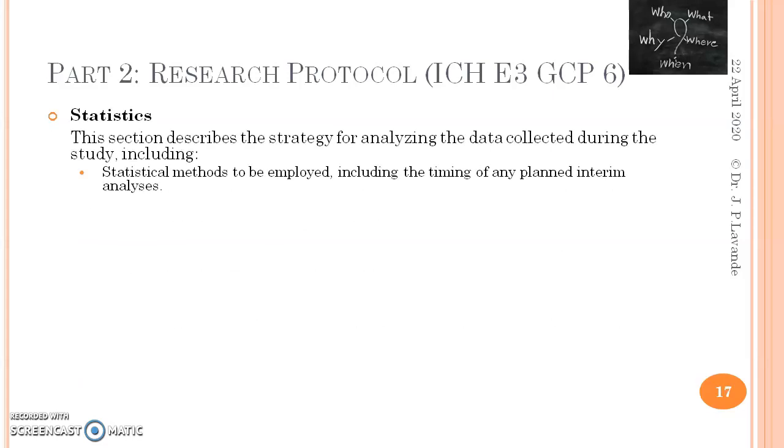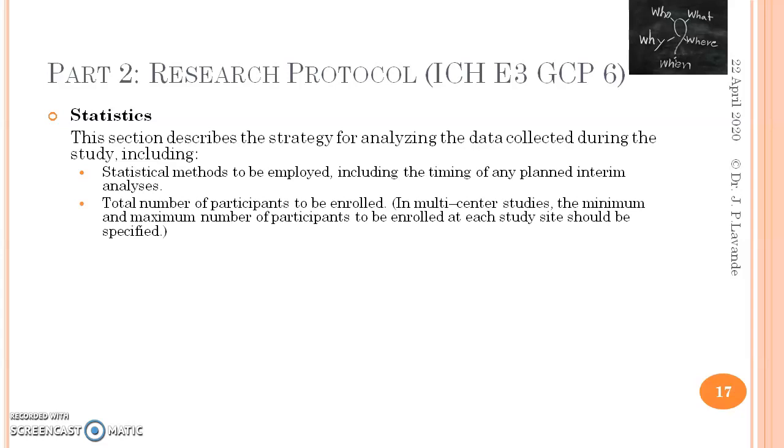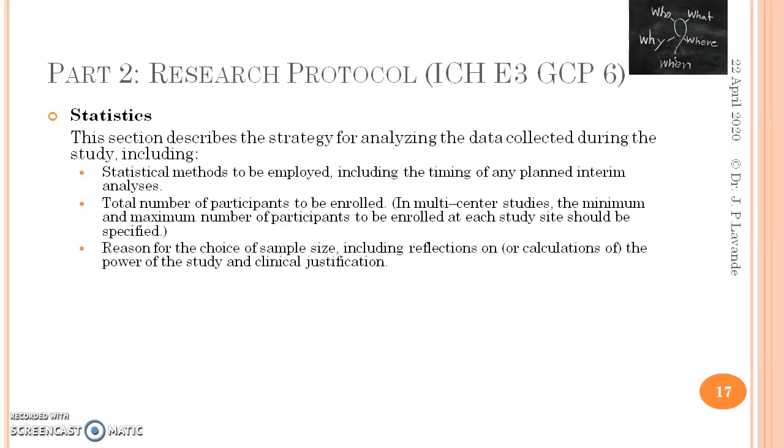The statistics. This section describes the strategy for analyzing the data collected during the study, including statistical methods to be employed, including the timing of any planned interim analysis, total number of participants to be enrolled. In multi-center studies, the minimum and maximum number of participants to be enrolled at each study site should be specified.